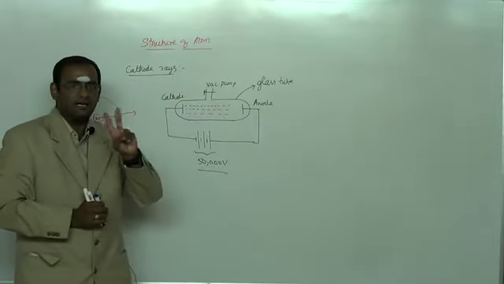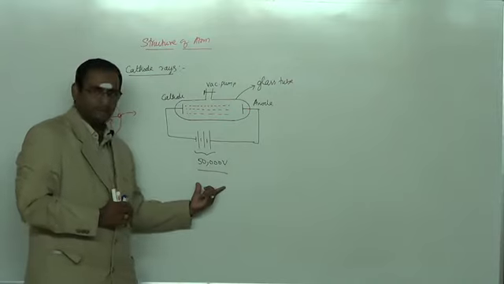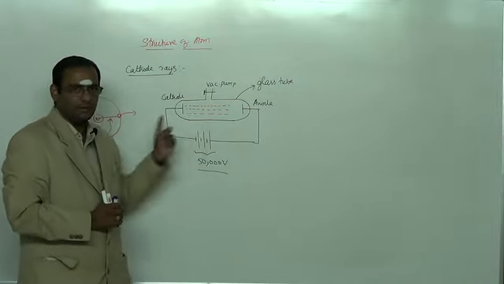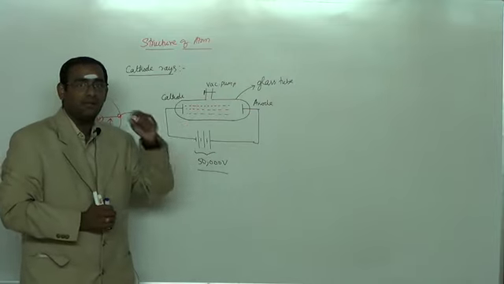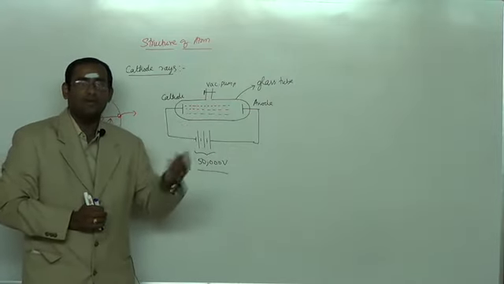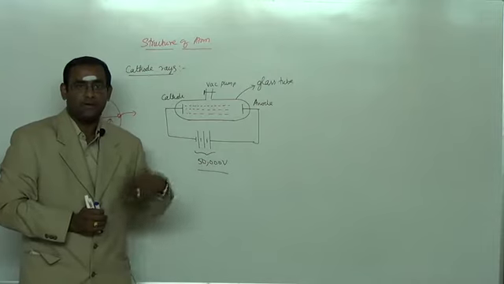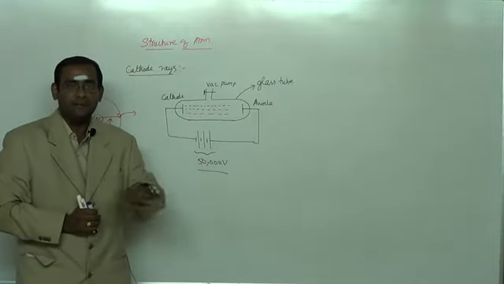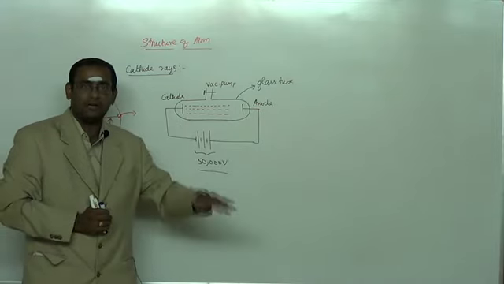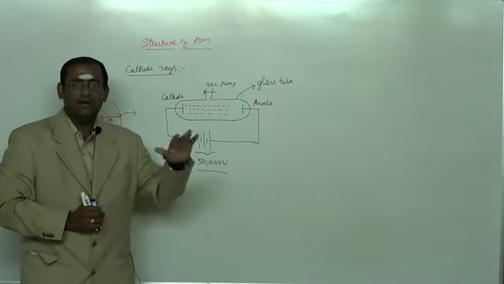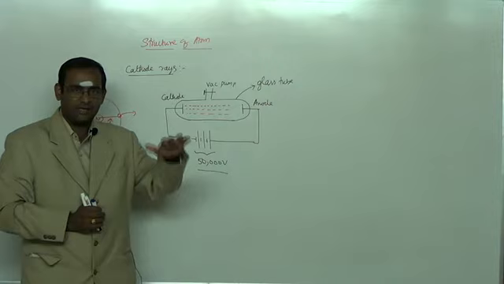Two conditions are: number one, very high potential applied between the two electrodes, and the corresponding pressure inside the system should be very, very low, of the order of 0.1 millimeter of mercury, 0.01 millimeter of mercury. It cannot be 100 or 200 or 10 millimeter of mercury. It should be of the order of 1 millimeter of mercury or 0.1 millimeter of mercury, of that level.